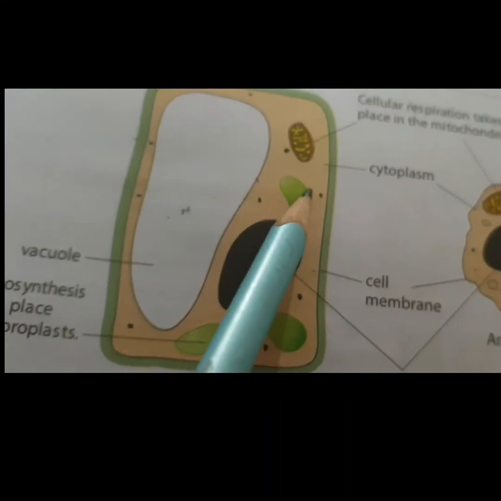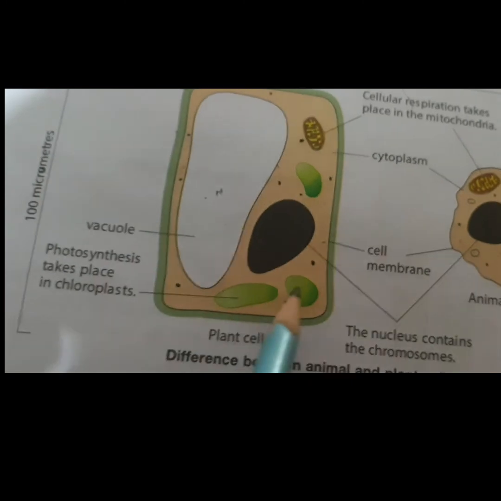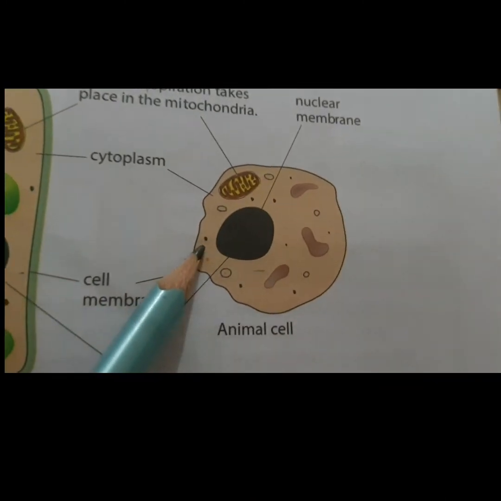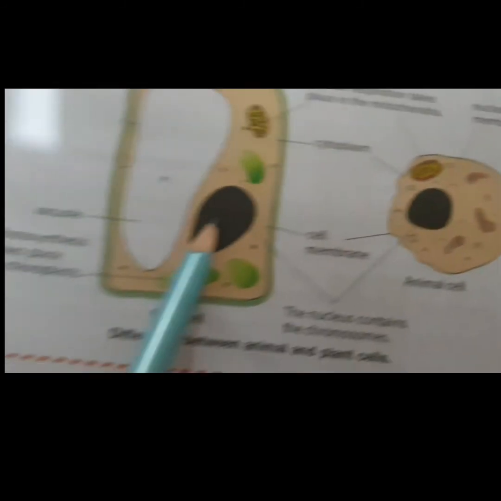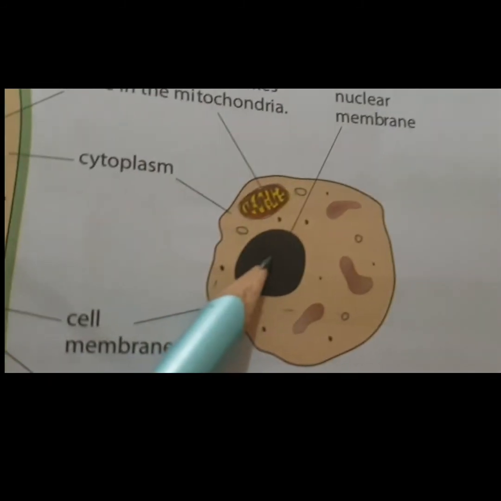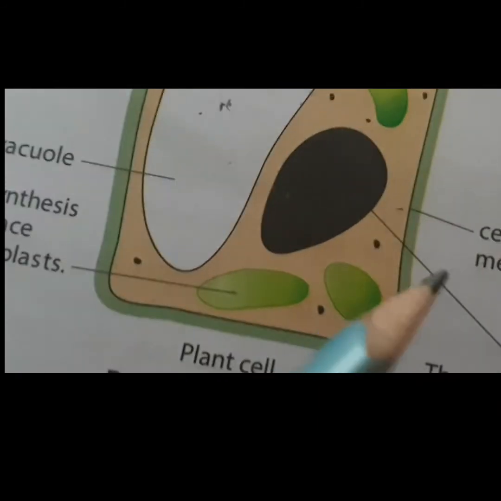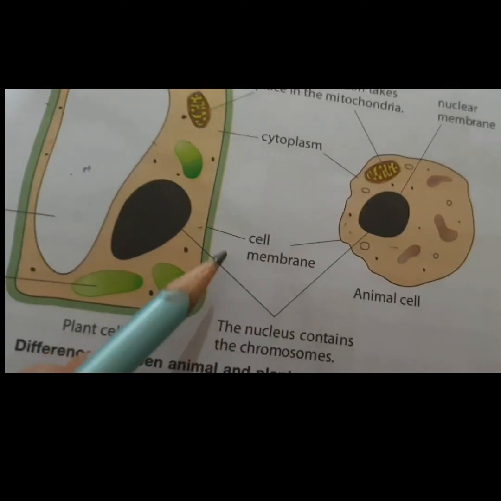You can also see the chloroplasts here in plant cell. There are no chloroplasts in case of animal cells. Here are mitochondria in plant cell and in animal cells. The nucleus, and here is the nucleus of animal cell. The other cell structures are same.